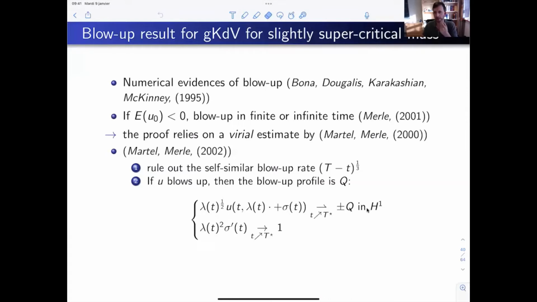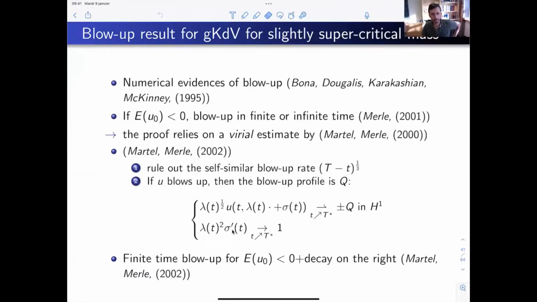So this means that at least at first glance, the blowup profile is Q. And moreover, you have a relation between lambda of t squared and sigma prime. This product has to go to 1 at the blowup time. We will reuse this later. This will be important for us.